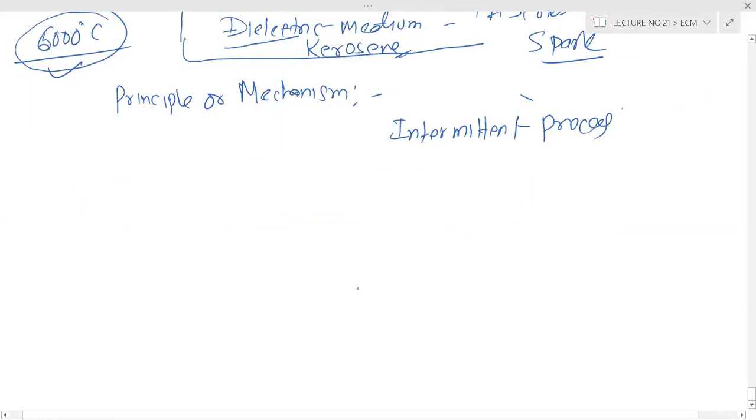As I said, this entire tool and workpiece material is immersed in a dielectric, and the dielectric generally is kerosene or deionized water.